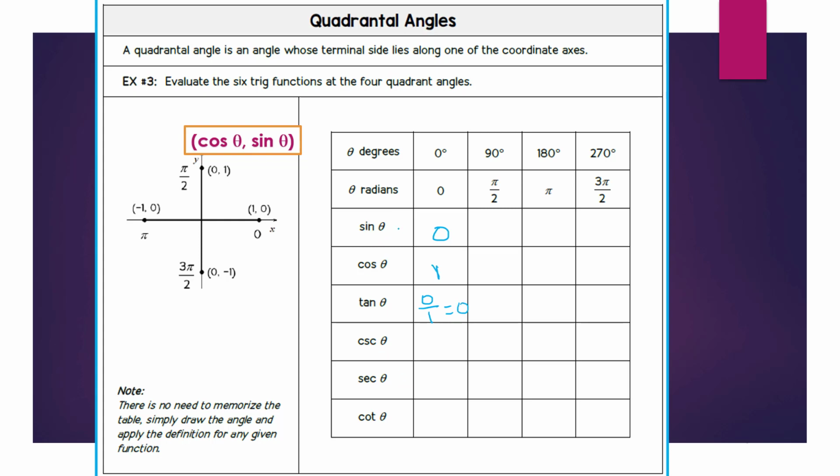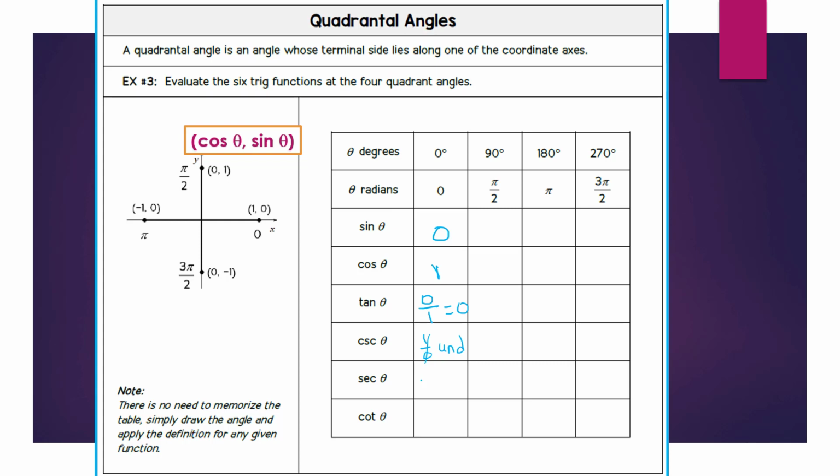Cosecant is the reciprocal of sine. So that would give us 1 over 0, which is undefined. Okay, I'll just put UND, undefined. Cosecant of 0 has no real number output.